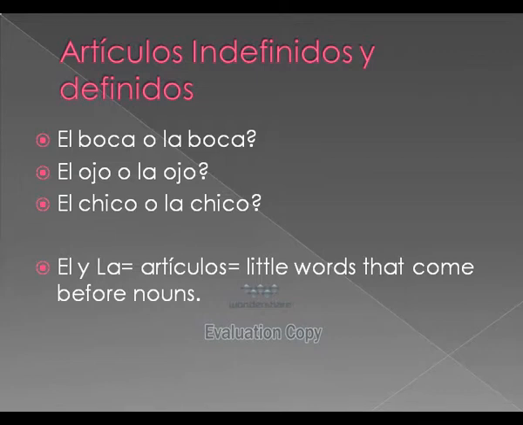El chico o la chico? We already know these two little words that come before nouns, el y la, and those are artículos. We already know them. And again, they're little words that come before nouns. But let's learn a couple more and a little more about these articles.